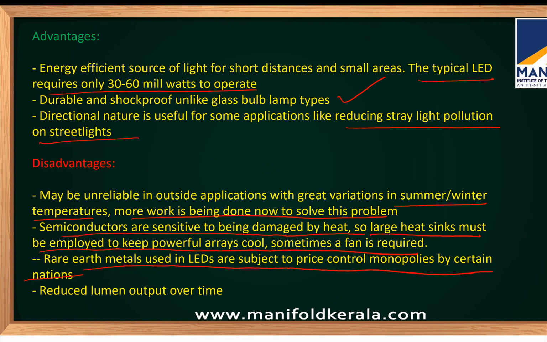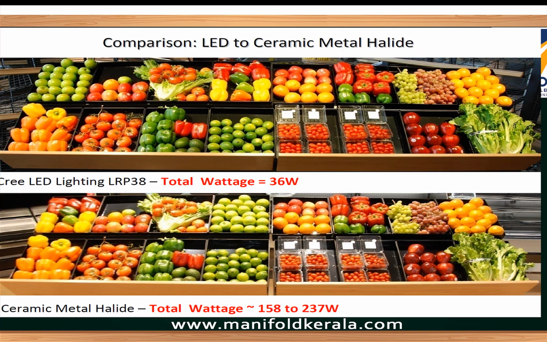That's why all your appliances like cars and other appliances where you require semiconductor electronic chips are getting delayed or becoming more costly. Understand? So over time, the lumens emitted by the lamp will reduce. These are the disadvantages of the LED lamps.